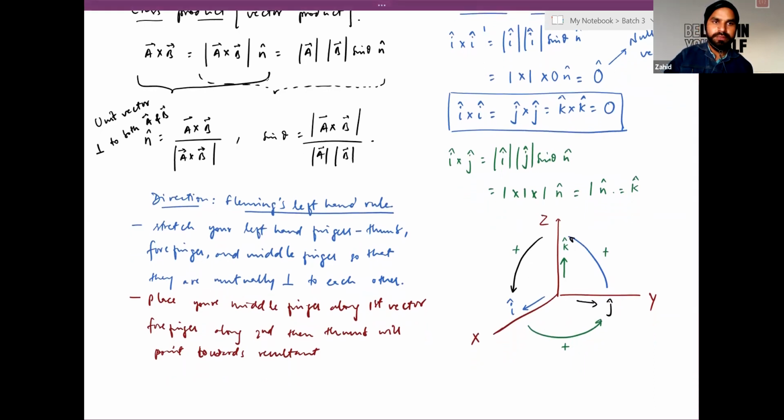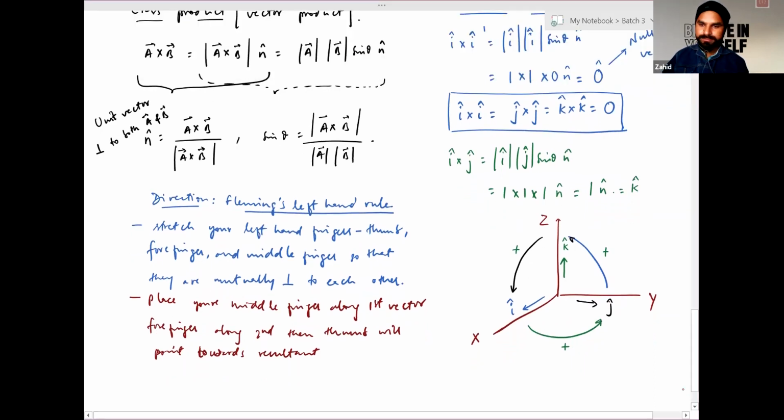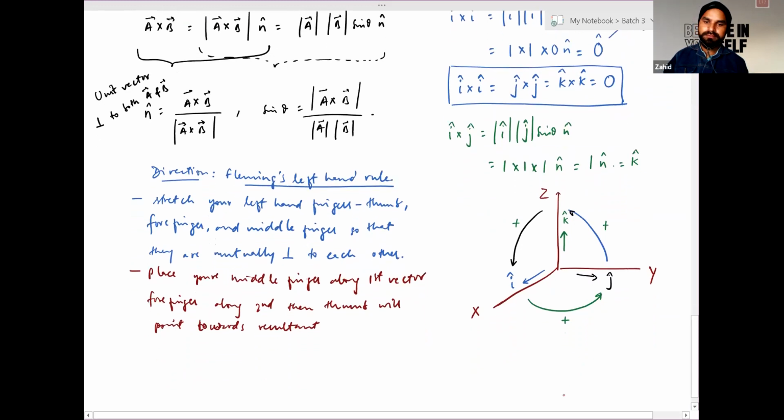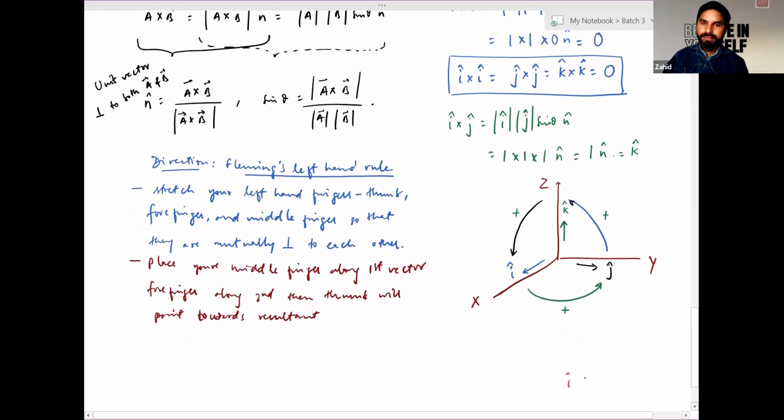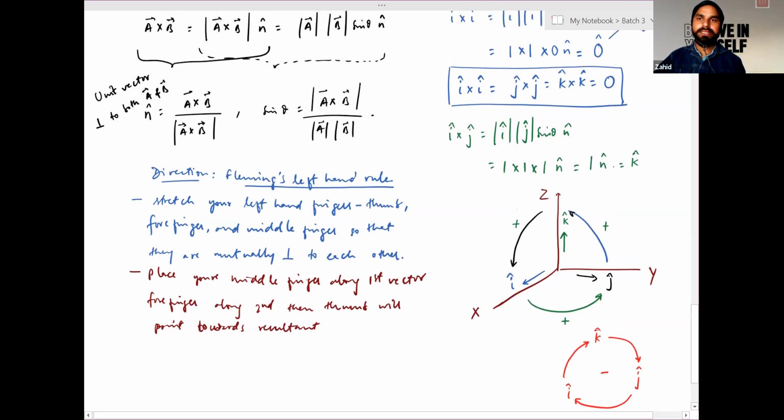And if you move in the clockwise direction, this is I, this is j, and this is k. So k cross j will be minus I, j cross I will be minus k, and I cross k will be minus j. Okay, just write it down till this part.